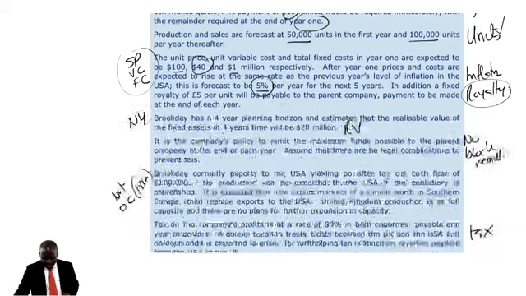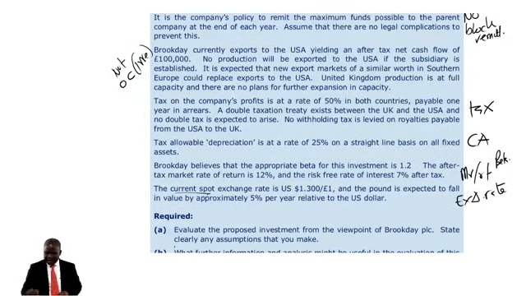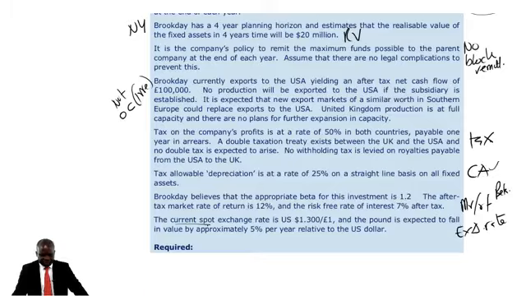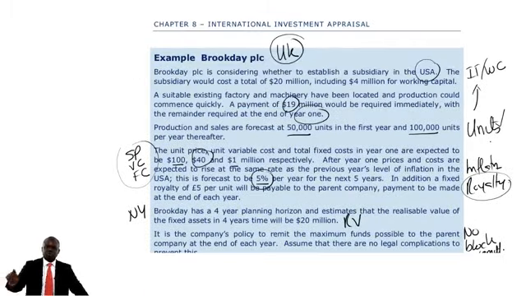Where did we indicate capital allowance? This is the paragraph. It says, tax allowable depreciation is at the rate of 25% on a straight line basis on all fixed assets. So I need the value of the fixed asset, and the fixed asset will be got from the initial investment. When I come to paragraph 1, I indicated initial investment.